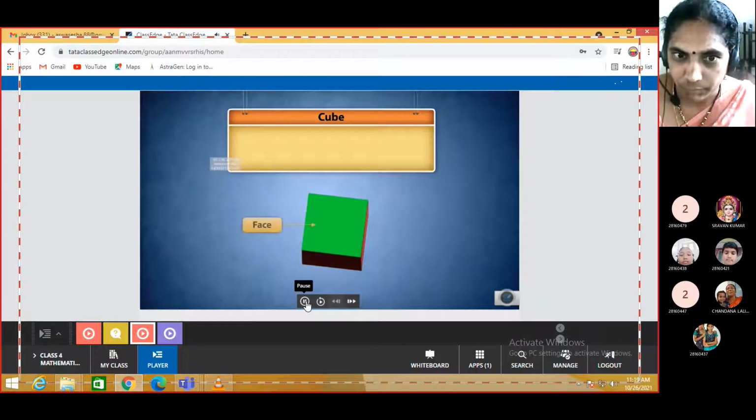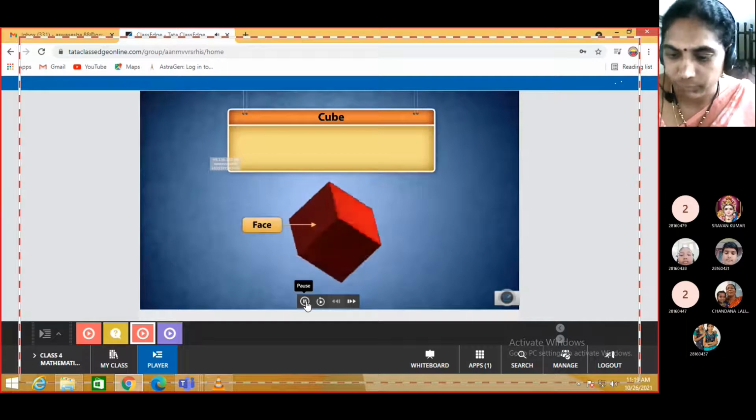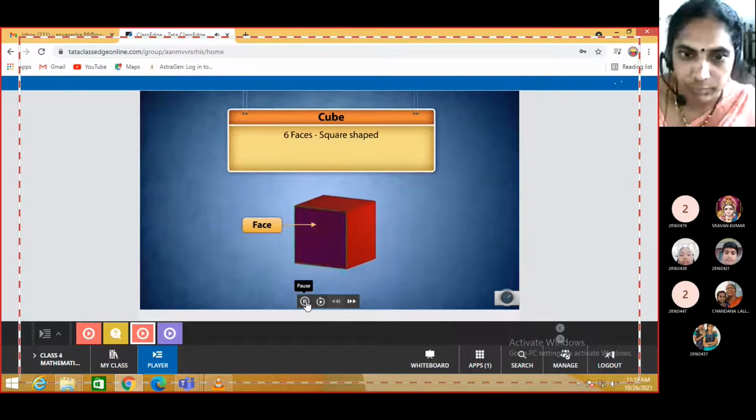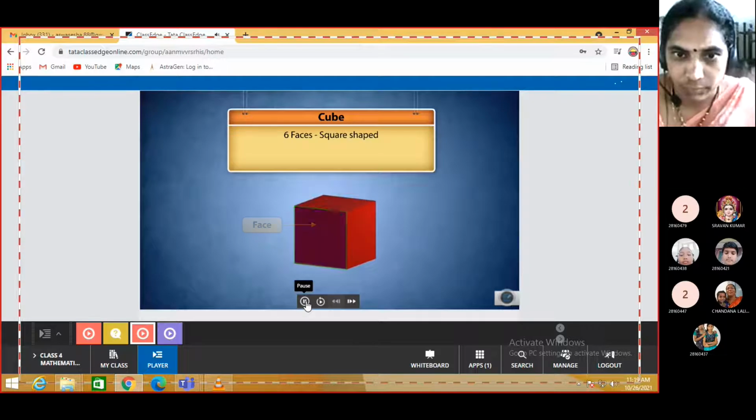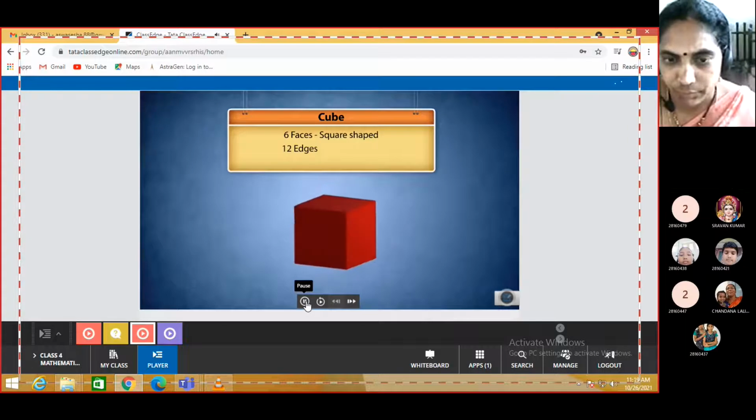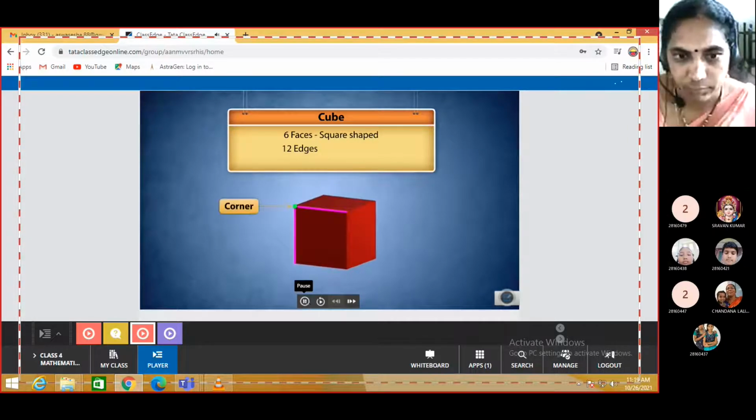It is called a face. A cube has 6 such faces. Each face is square in shape. The line where 2 faces meet is called an edge. A cube has 12 such edges. The point where edges meet is called a corner. A cube has 8 corners.